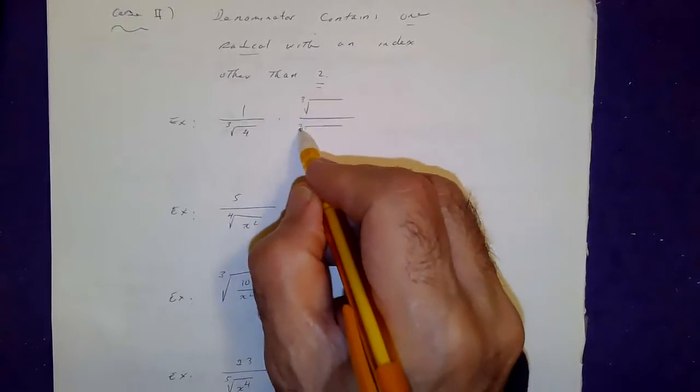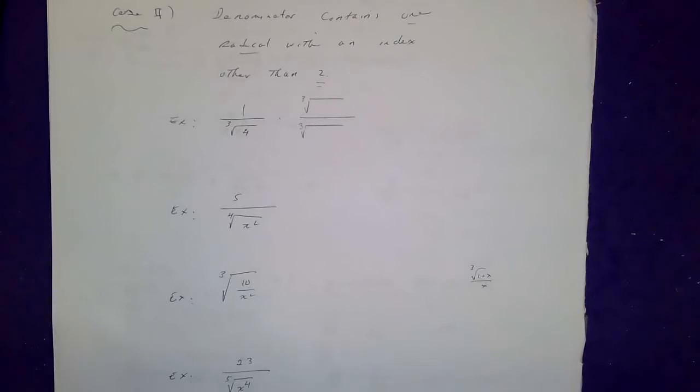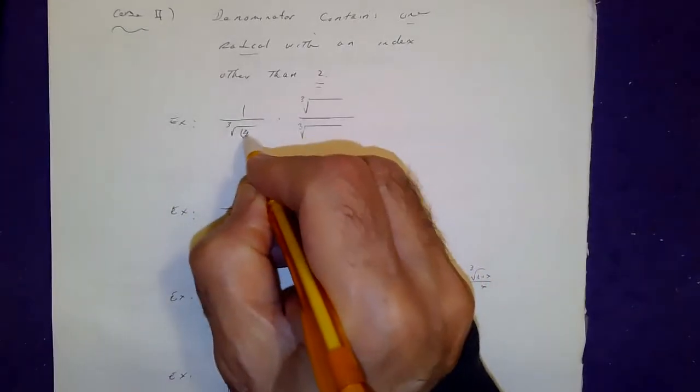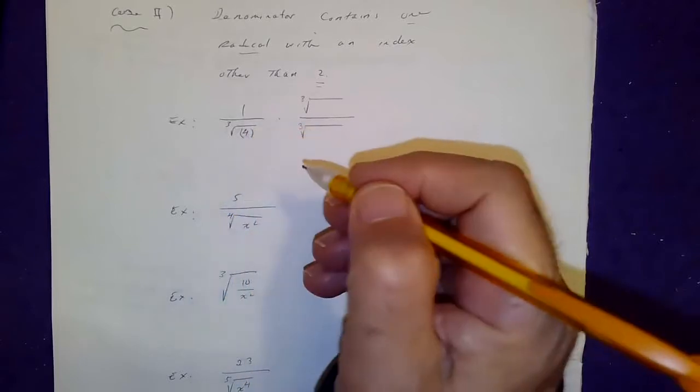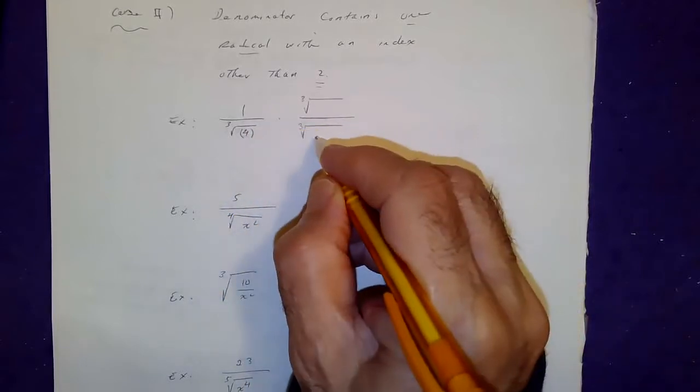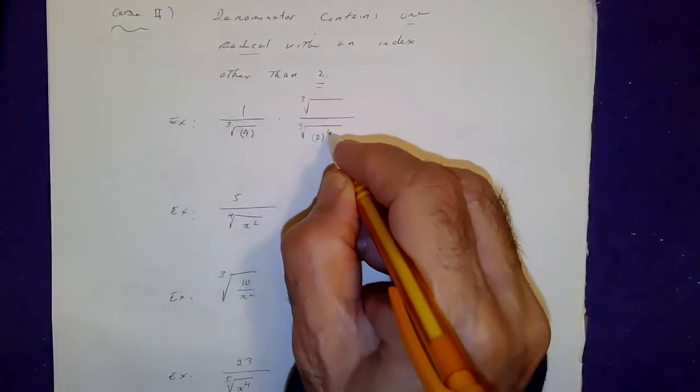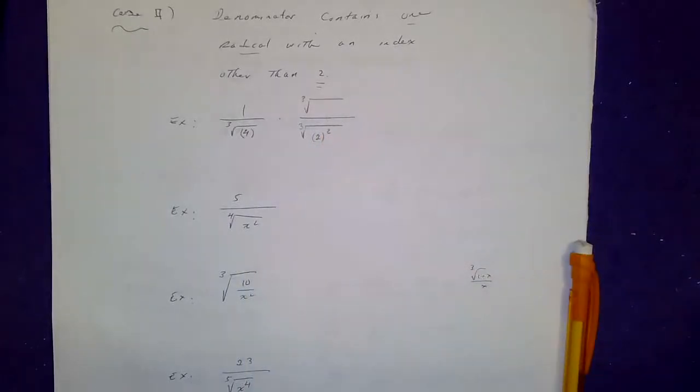What do I mean by what I need? Well, the power of 4 is, as a matter of fact, I can write 4 as 2 squared, correct? So let me just erase this quickly.